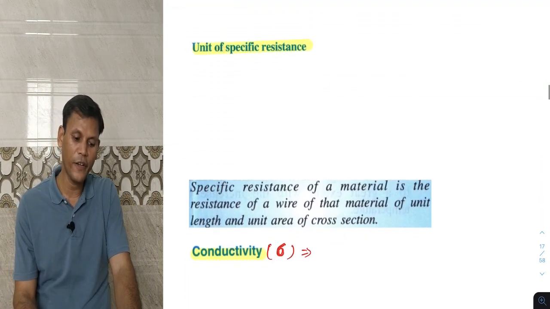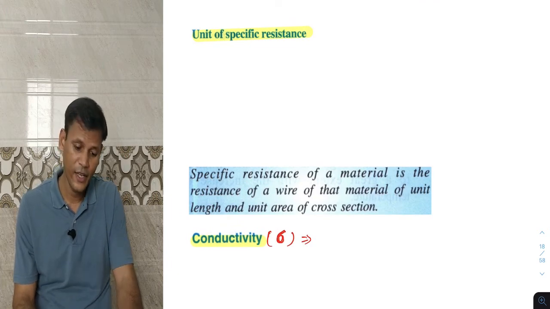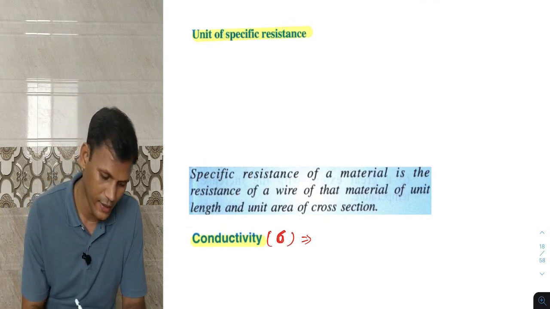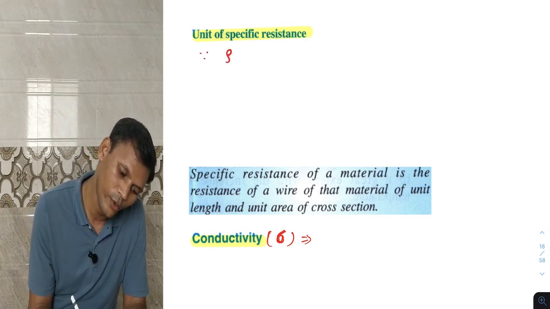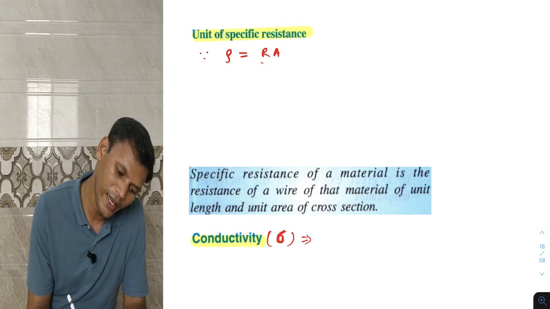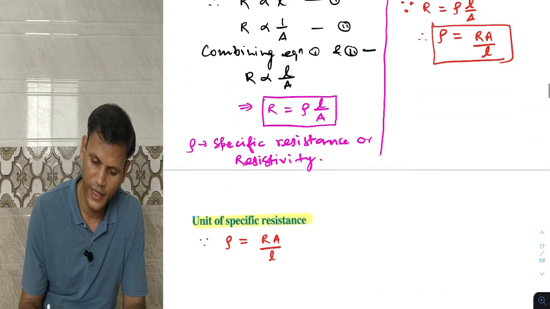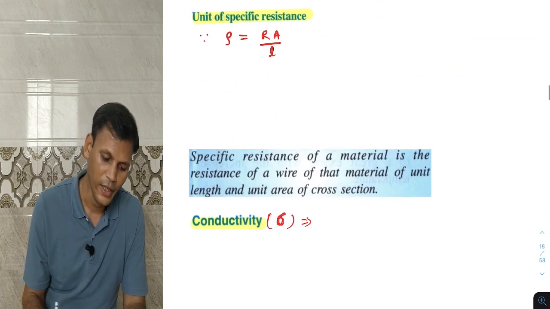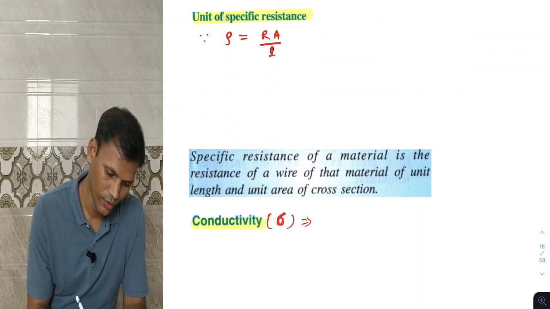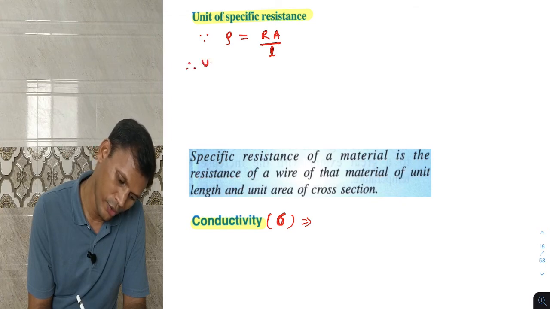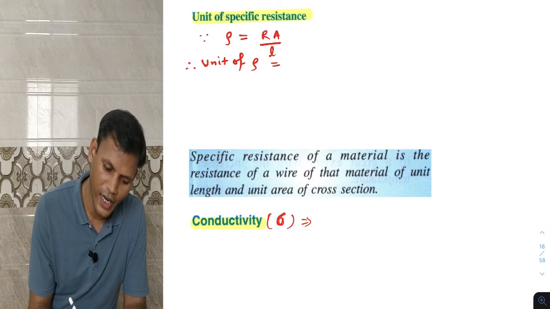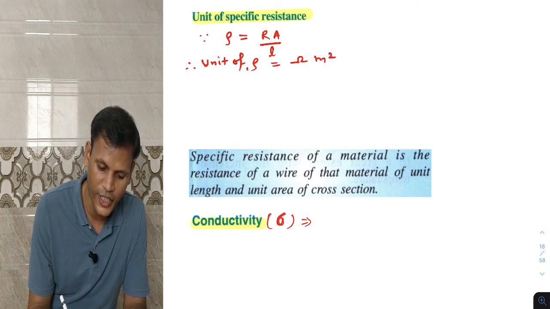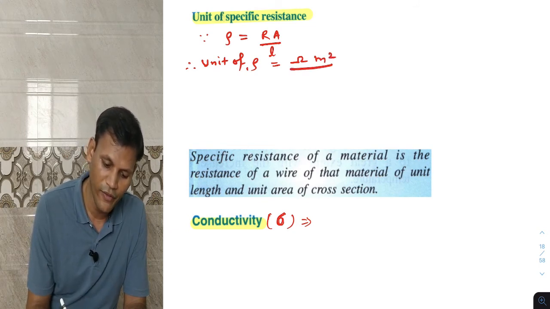So the unit of specific resistance. We know that specific resistance or resistivity, rho, is equal to R A by L, which we have just found from here. So the unit of rho will be: unit of R is ohm, unit of A, area, is meter square, upon unit of length, which is meter.